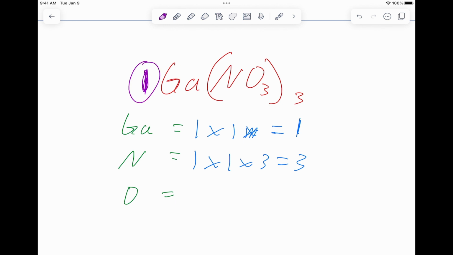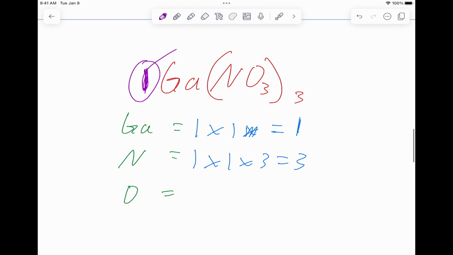I'm going to multiply the 1 times the 3 times this 3 also. So it's 1 times 3 times 3 for a total of 9 oxygens on this one. Okay? And again, all we're doing is keeping track of how to count these atoms because in a very short time, we're going to have to decide what this is.